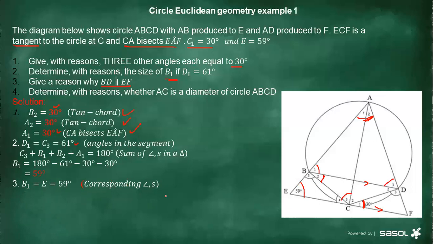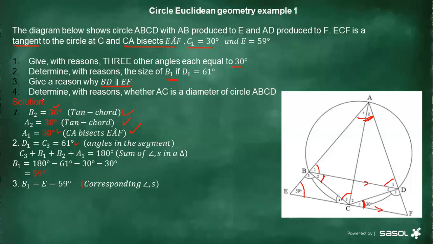Now, corresponding angles. Remember when we are talking about two parallel lines, and when we're talking about the corresponding angles, they are equal, right? Meaning, if these two angles are equal, it simply means these two lines are also parallel.